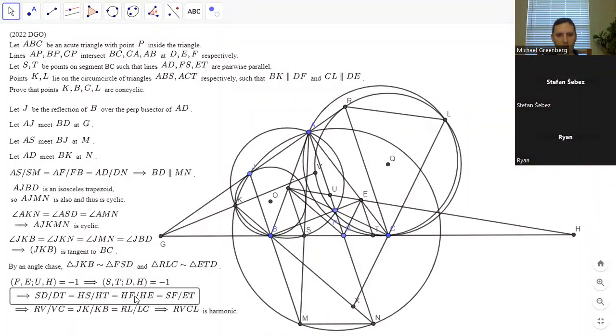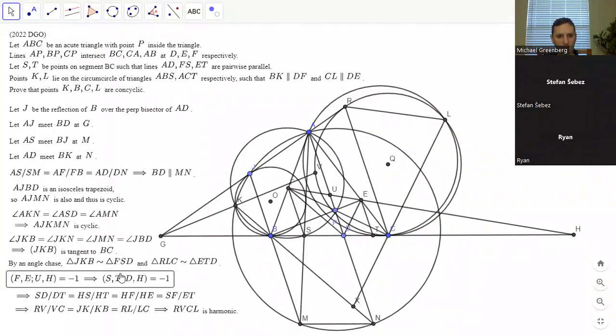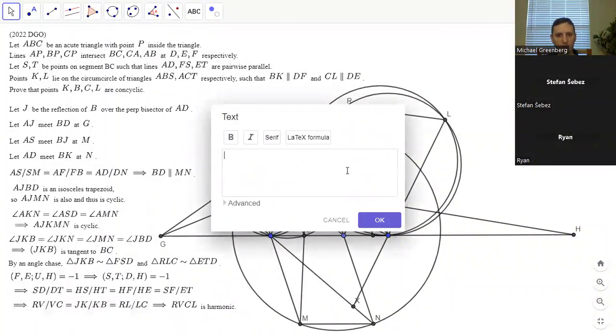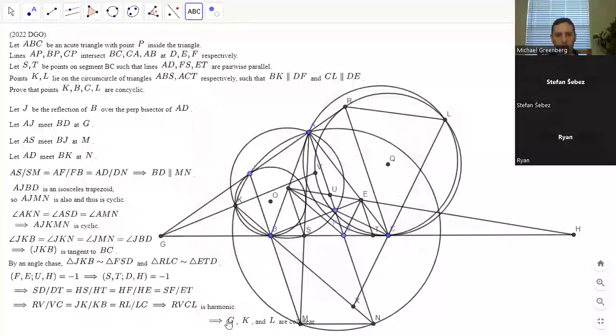And then that implies that G, K, and L are collinear. And then by a homothety at G, or by inversion at G. What was the idea?